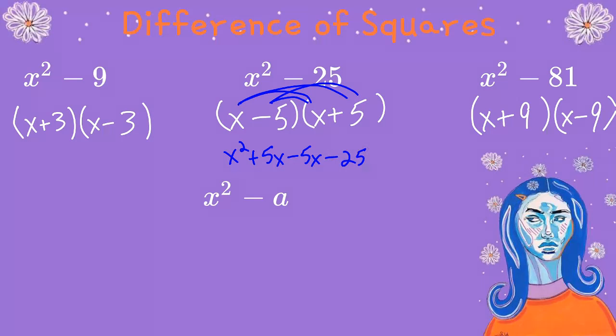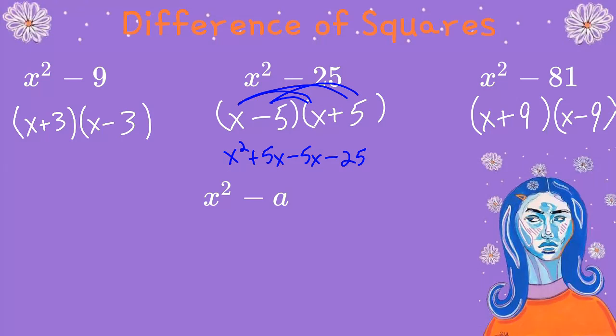Now, notice that this positive 5x and negative 5x will cancel each other out. So we get x squared, these cancel to make a 0, and negative 25. So that's how you can see that it's going to work. It's going to work just like that each time.